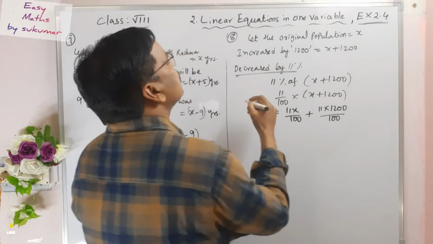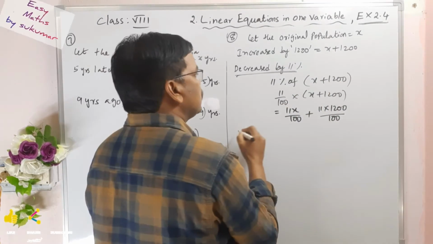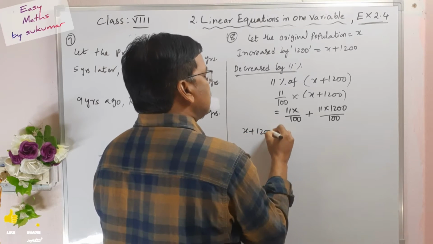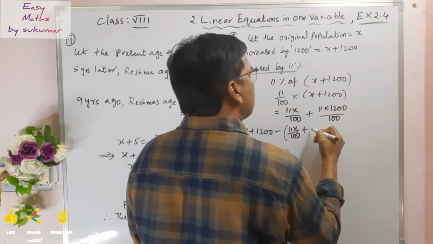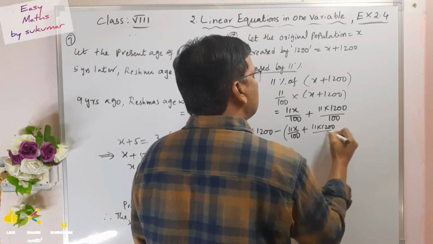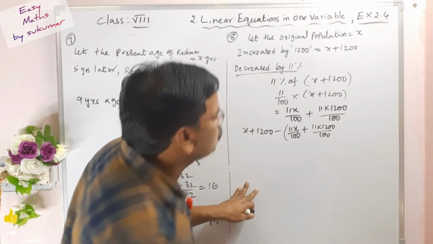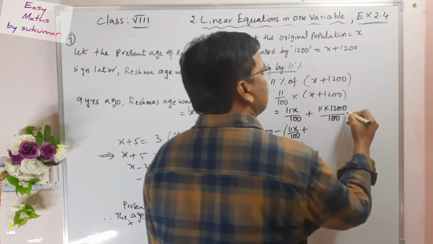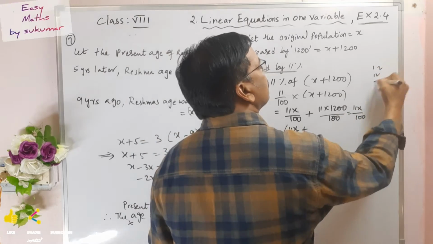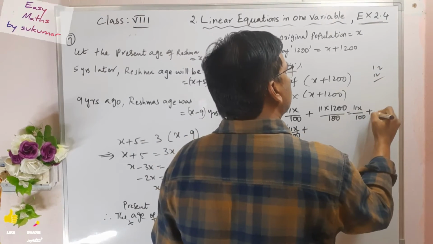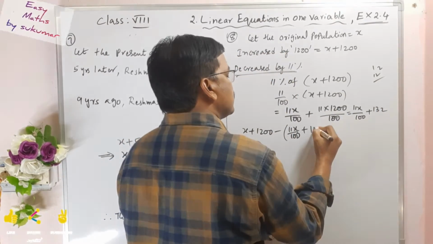So my dear students, now the population after decreasing 11% from the new population is x plus 1200 minus 11x by 100 plus 11 into 1200 by 100. You can cancel 2 zeros here, then 11 into 12. I will write one more step here: 11x by 100 plus 11 twelves are 132, so this is 11x by 100 plus 132.